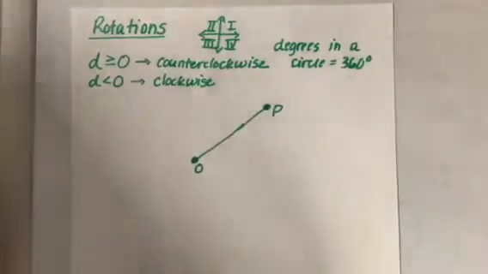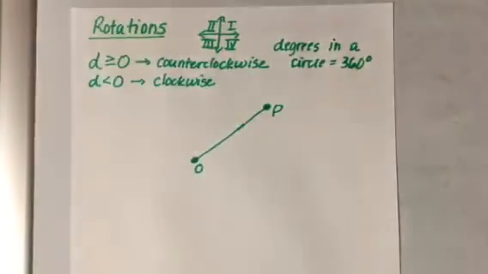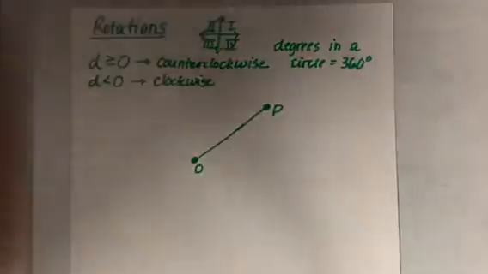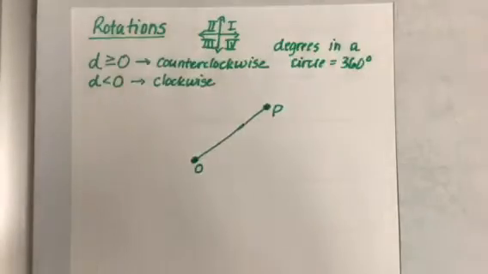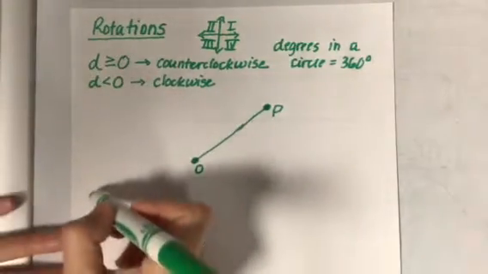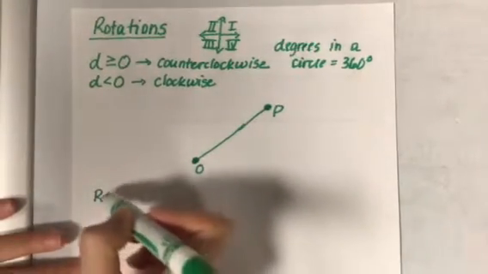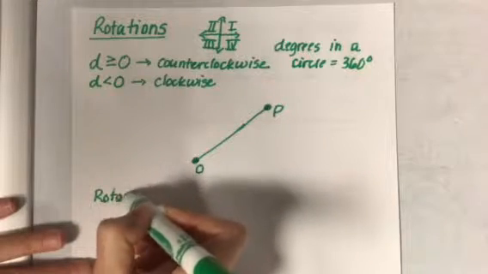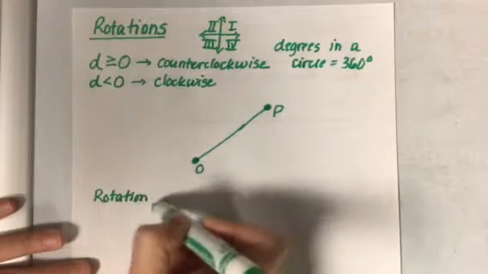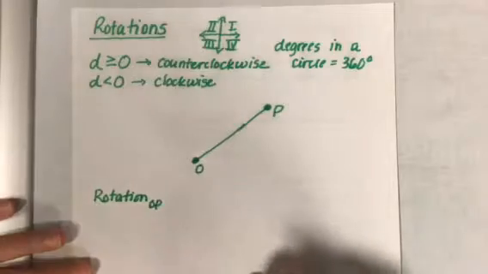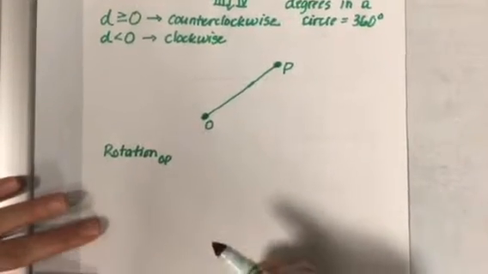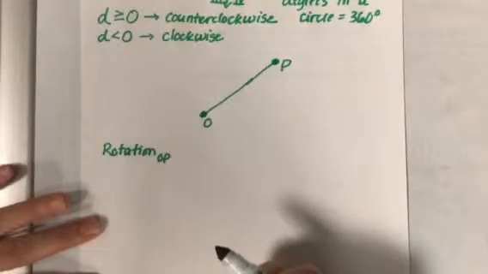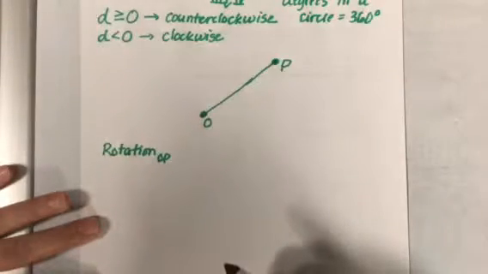Okay, we have line segment OP. And we are going to make a rotation of line segment OP. So when I say rotation and in subtext it says OP, that means line segment OP.